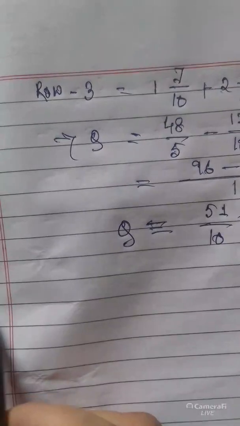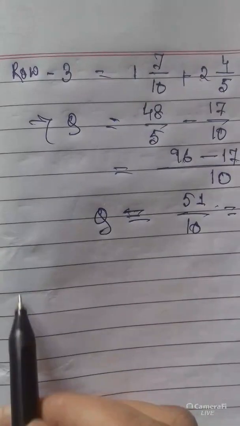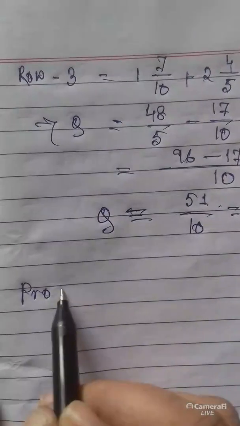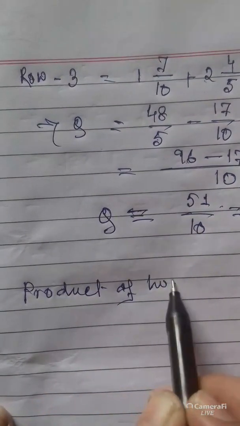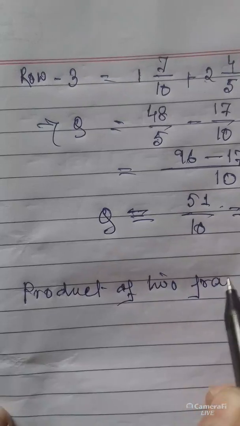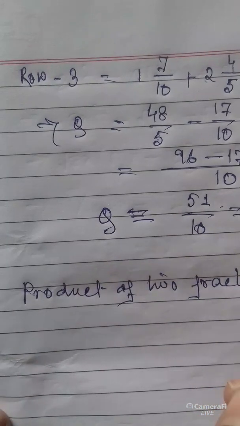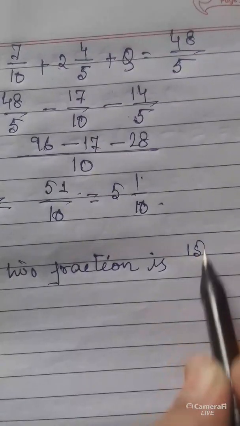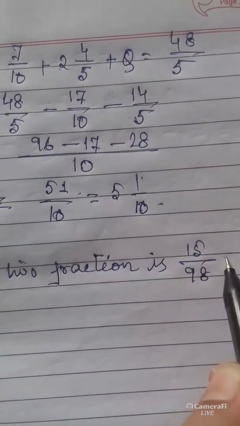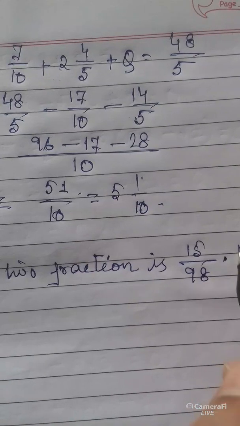Now another question. Product of two fractions is 15 by 98.